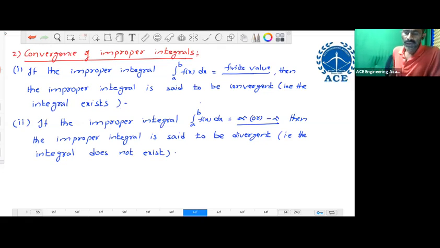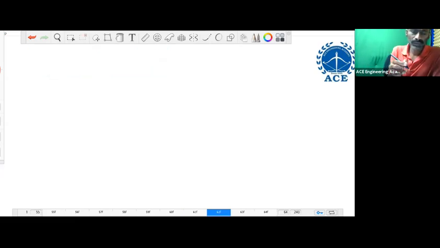Right? Okay. We do the problems on this. Problem number 1. The integral from 0 to infinity of sinh x dx.